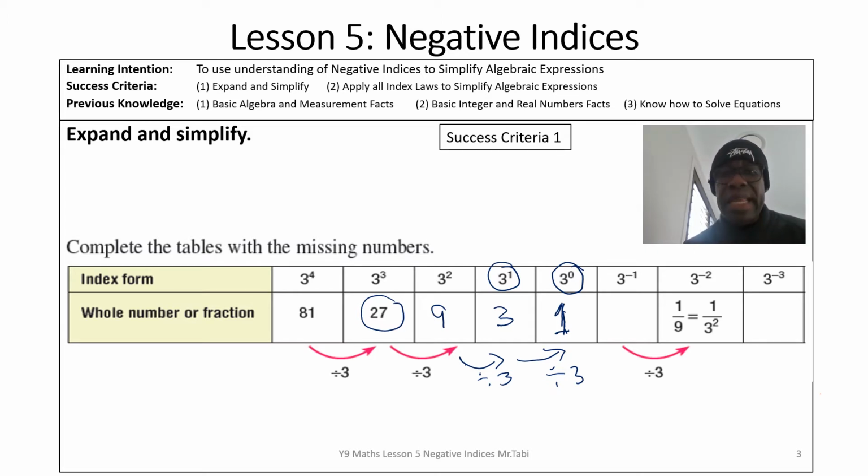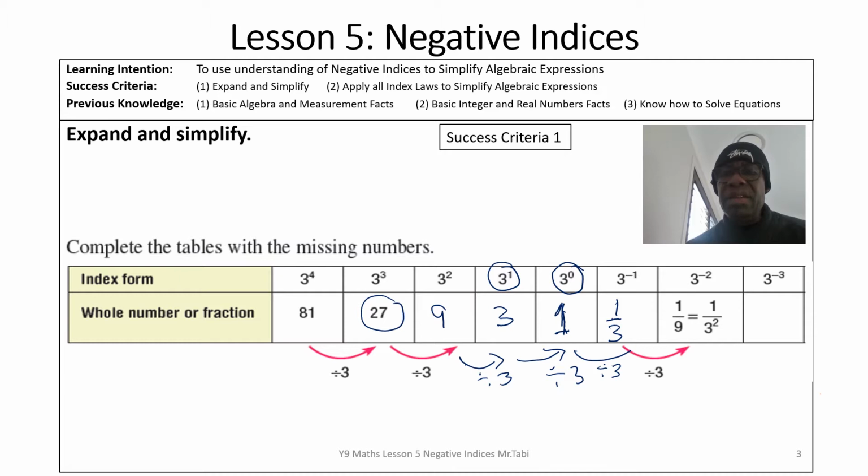Any non-zero number raised to the power 0 is 1. Right. Since the pattern is not stopping, we divide by 3 again. And 1 divided by 3 gives us 1/3.